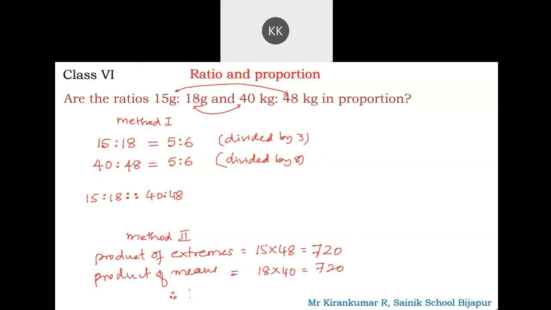Therefore, we say that 15 is to 18 is proportional to 40 is to 48.